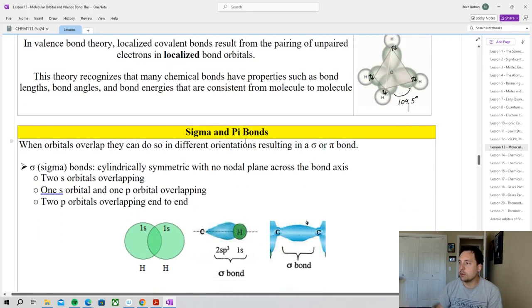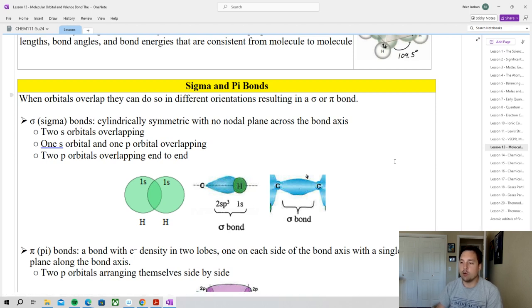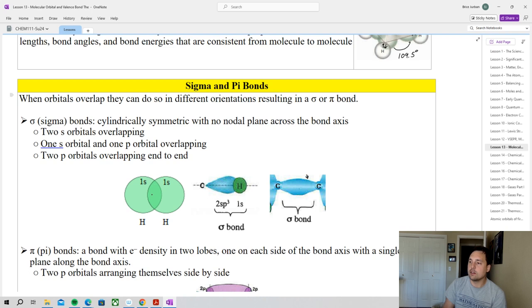Let's review what sigma and pi bonds refer to. We've talked about sigma orbitals, and sigma and pi bonds result from the overlap of sigma orbitals or pi orbitals. So if we have some symmetric orbitals, such as the hydrogen 1s orbitals, and they combine, we'll get a cylindrically symmetric bond where the electron density is between the nuclei.